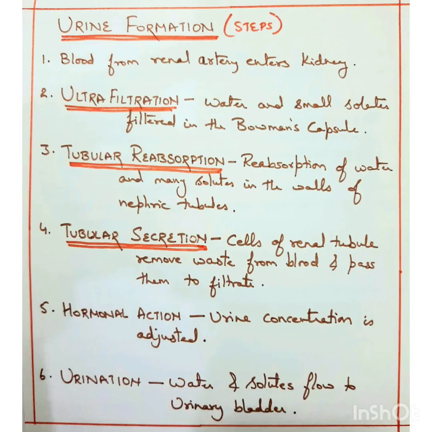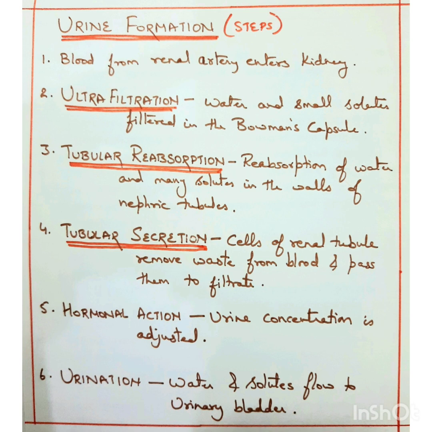Now, the second step is tubular reabsorption. Filtration is done, ultrafiltration, in the Bowman's capsule. Now, water and many solutes are reabsorbed through the walls of the nephric tubule and returned to the blood in capillaries.